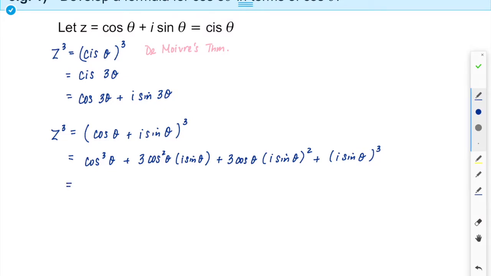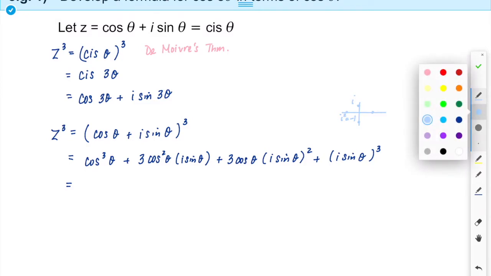Then to simplify those powers of i, I can make use of this relation: i is here, i squared is negative 1, i cubed, i to the power 4, and so on.